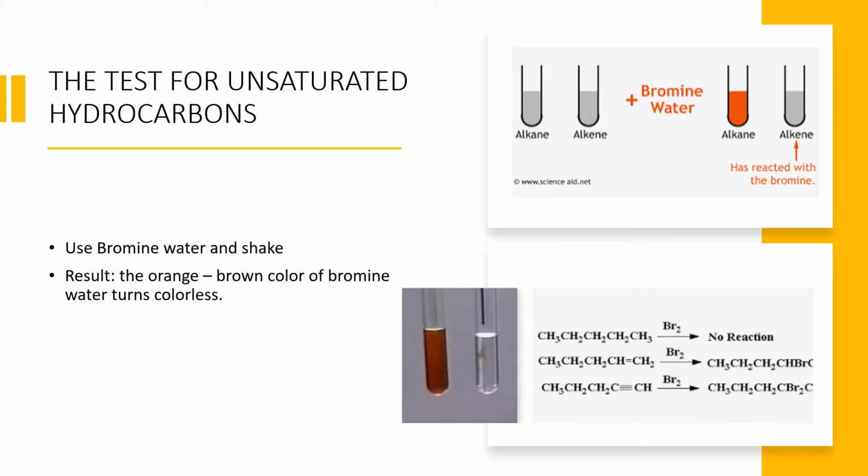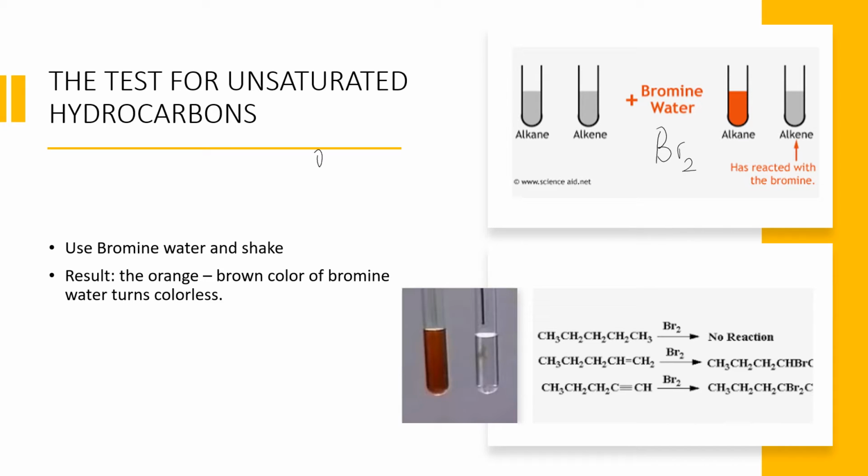Unsaturated hydrocarbon, such as alkene, has a double bond in the carbon chain. The presence of the double bond in an alkene can be identified by the use of bromine water. Bromine is Br2.